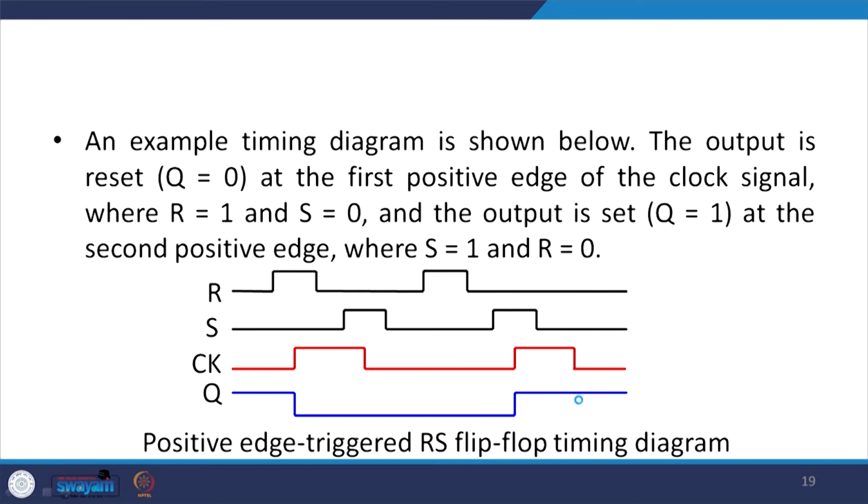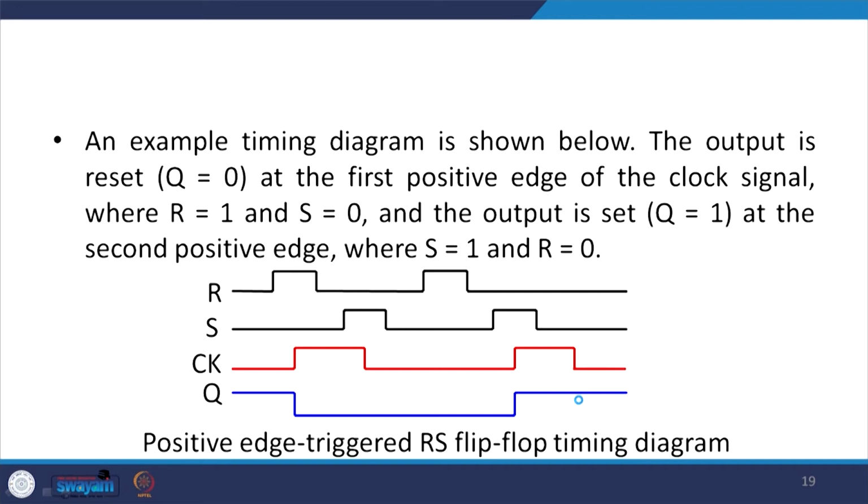An example timing diagram is shown below. The output is reset, that is Q equal to 0, at the first positive edge of the clock signal.